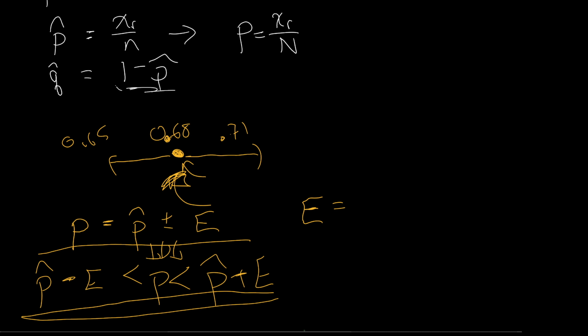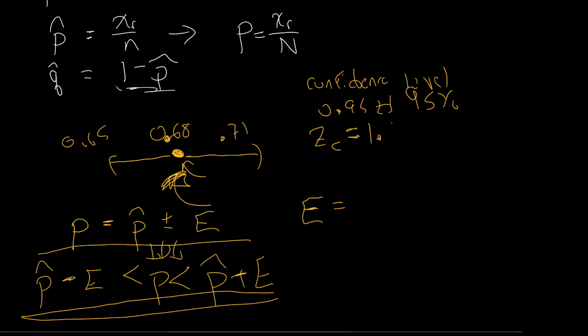What we can say is, if we choose a critical value, so we choose some confidence level and its critical value, let's say 0.95 or 95% confident, then we choose the Z critical that goes with that. Remember, the tables are in the book. This would be 1.96.